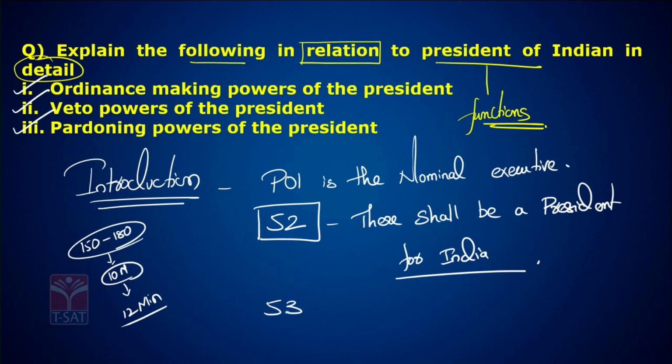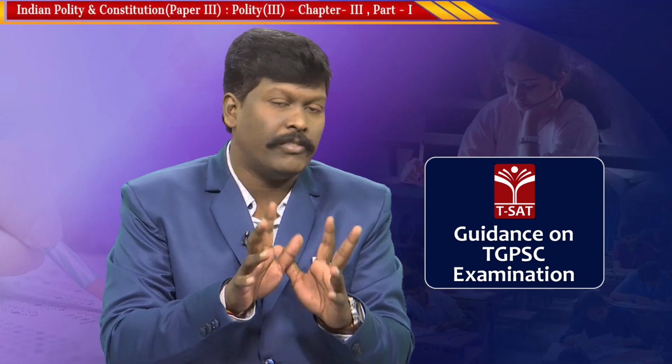According to Article 53, the entire executive business of the government is taken under the name of the President.